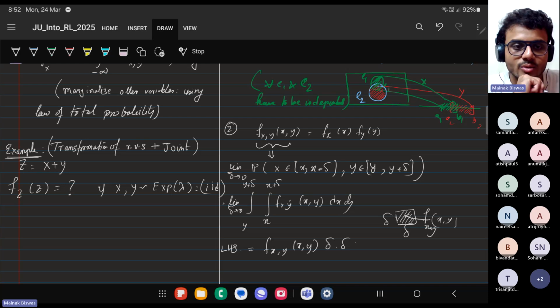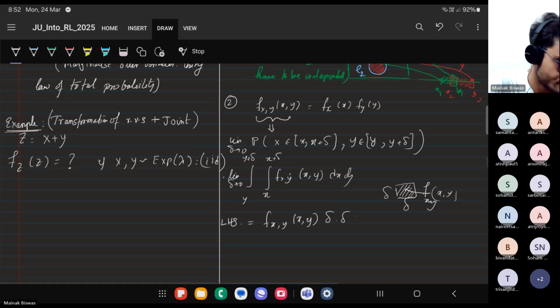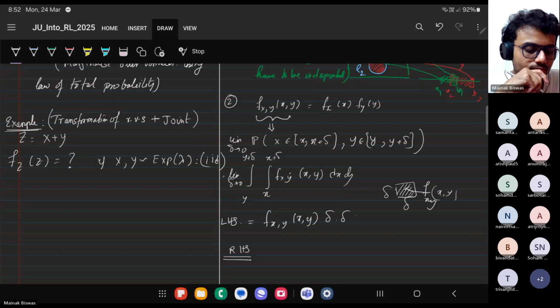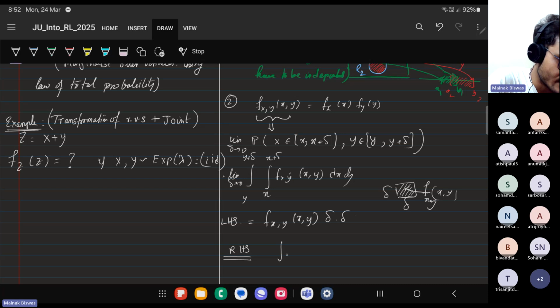What is the right hand side going to be similarly? So again, what can I write? In this star, if X and Y are independent, what can I write?